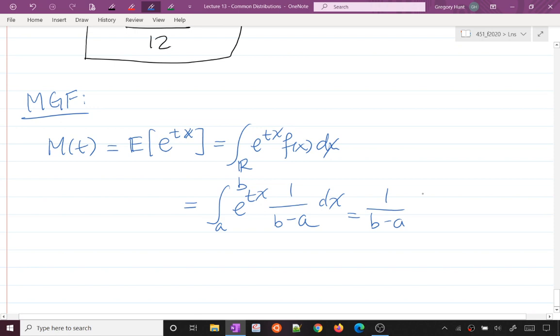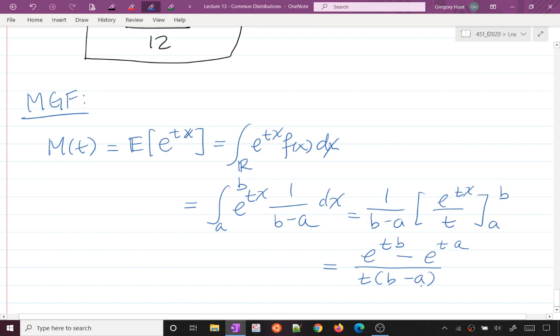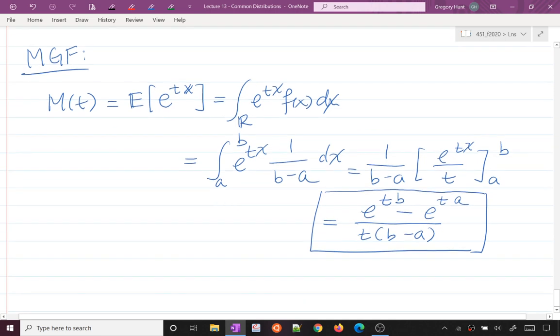Factor out 1 over b minus a, and you integrate e to the tx. That should give us t in the basement, e to the tx, evaluated from a to b, which gives us what? e to the tb minus e to the ta over t times b minus a.